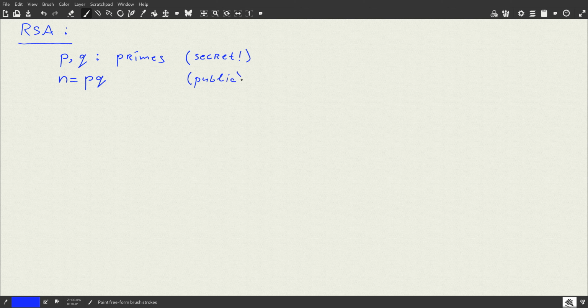It is not the public key by itself. There will be yet another component to it, but it is a very important part of it. Now, we take a certain number, which is called, maybe you have heard this term, the Carmichael function, lambda of n, of this n.